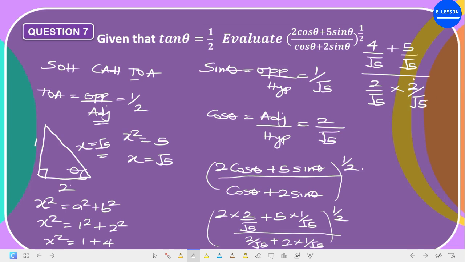And at the end of the day, of course, we know that this is in a bigger bracket, half.